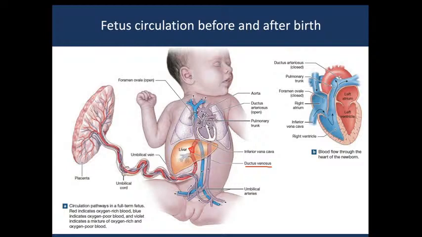We could also find the ductus arteriosus. Usually we call it the Botallo duct, and we have an opening, the foramen ovale, between the right and left atrium.